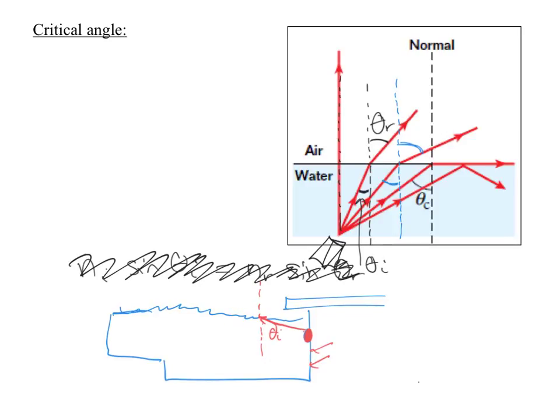It's so far away that this light actually bounces back in. It's not being reflected, it's being refracted. Yet this is called total internal reflection, even though it is refraction. So again, the light ray gets bent so much that it bends away from the normal all the way back into the water because of refraction.